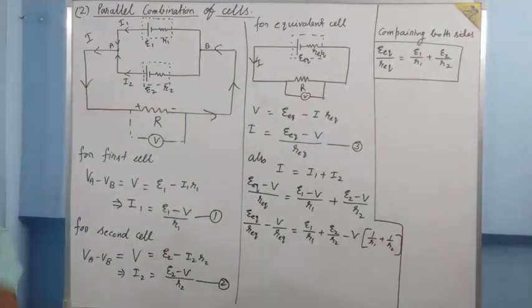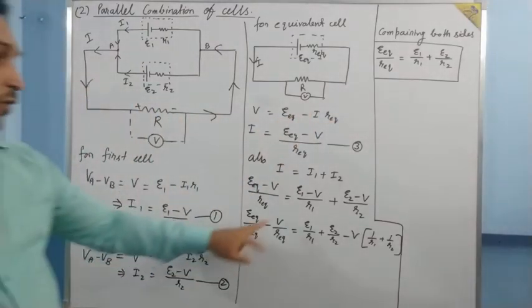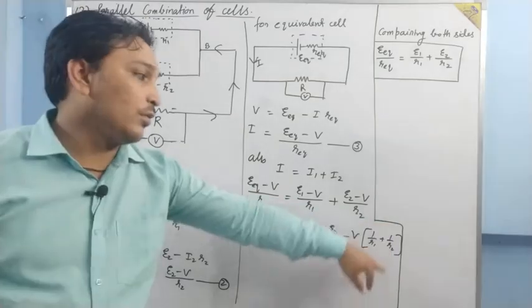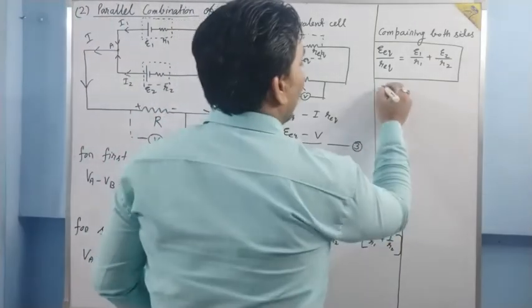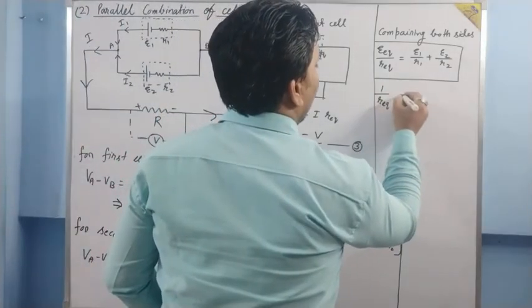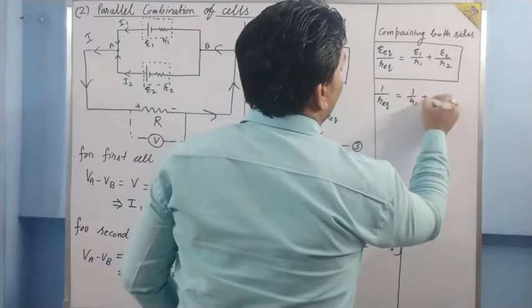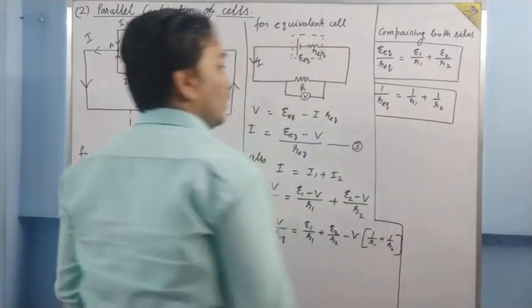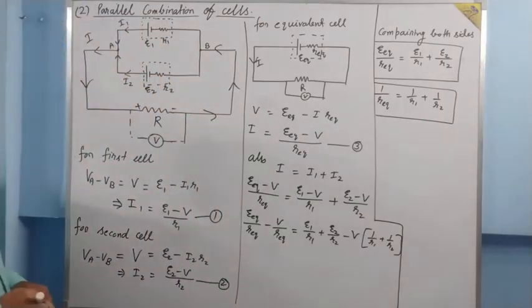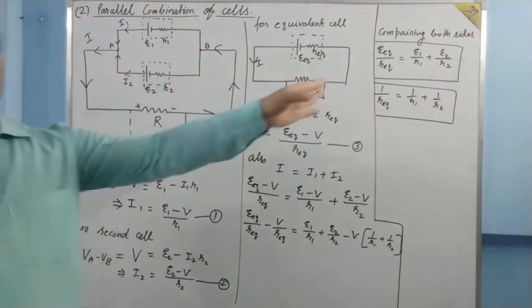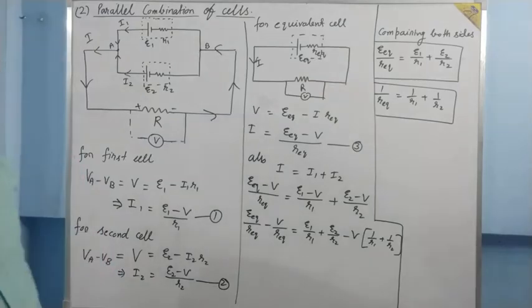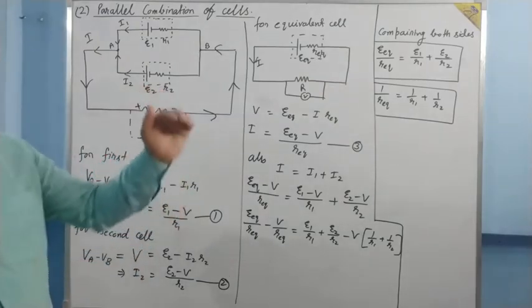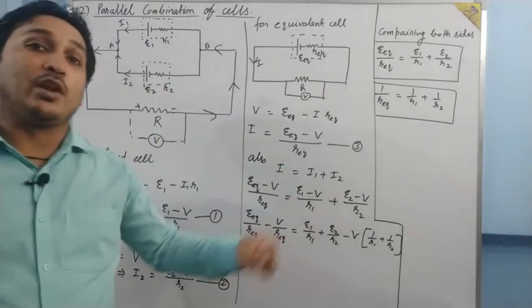We will discuss that. And one more thing: 1 upon R equivalent is equal to 1 upon R1 plus 1 upon R2. If 3 cells were there, then 1 upon R3 will be another term. If 4 cells are there, 1 upon R1 plus 1 upon R2 plus 1 upon R3 plus 1 upon R4.